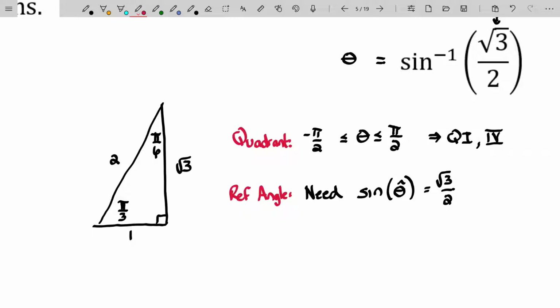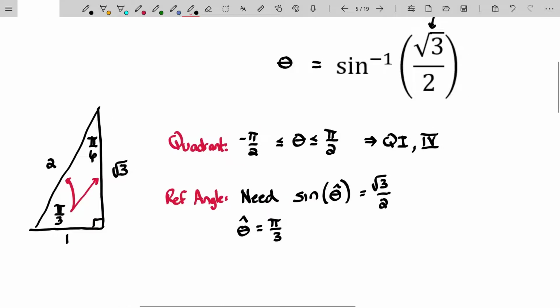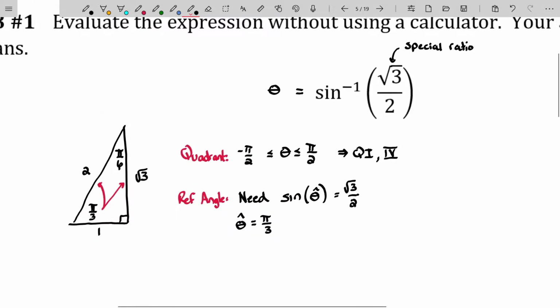If you look at this triangle, sine is opposite over hypotenuse. So opposite should be root 3, hypotenuse should be 2. So root 3 over 2 gives me that my reference angle, theta hat, is going to be pi over 3. So I have quadrants and reference angles. Now I will just focus in on which of these two quadrants I'm going to land in.